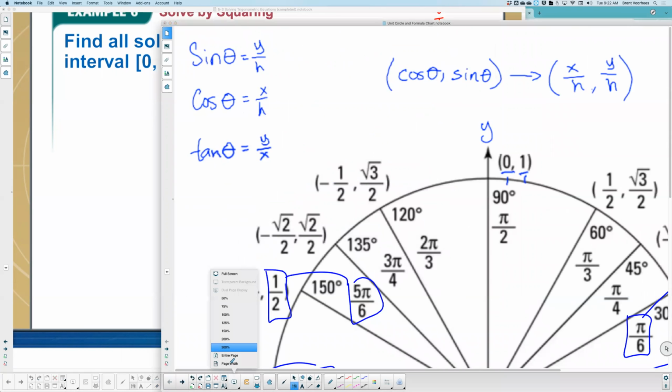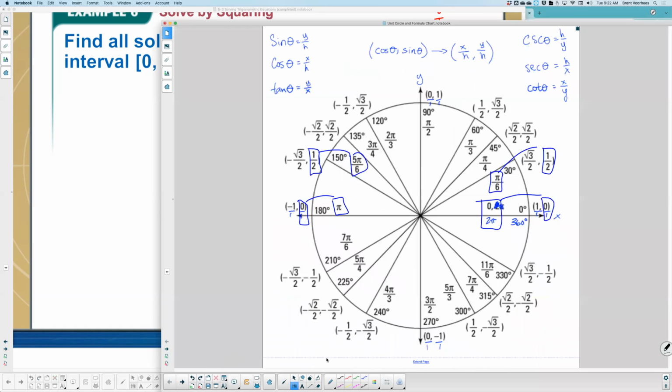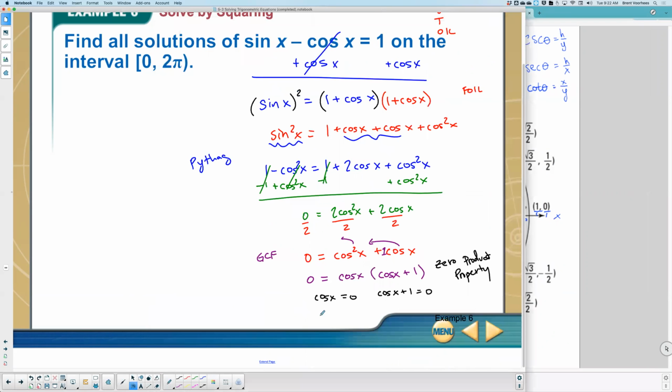Our cosine is x divided by h, which is the wrong one. Let me try this one. Since I'm dealing with cosine, I'm looking at x divided by h. And so we need x over h to equal 0 divided by 1. And over here, when I subtract the 1, it would be x divided by h equals -1 divided by 1.